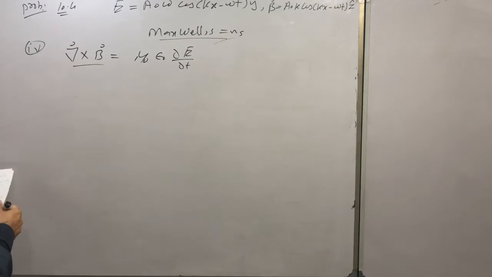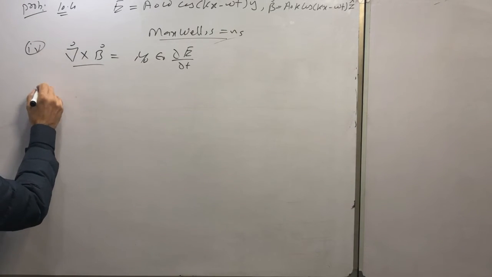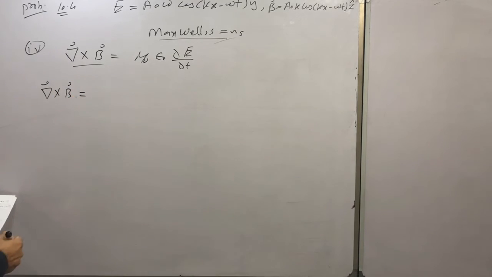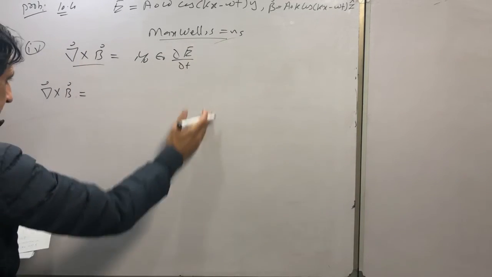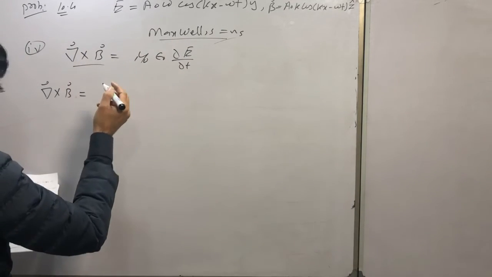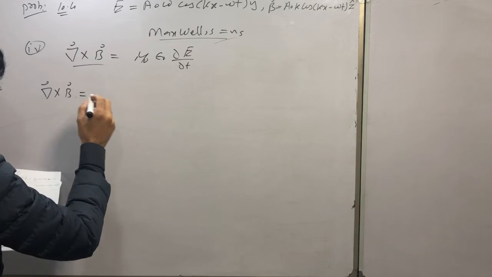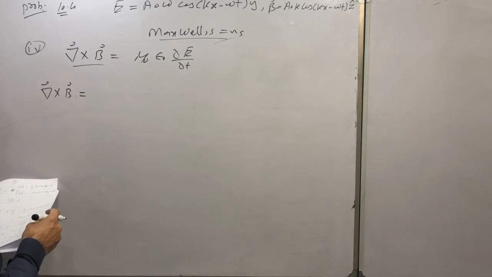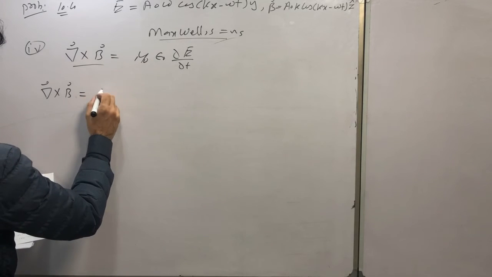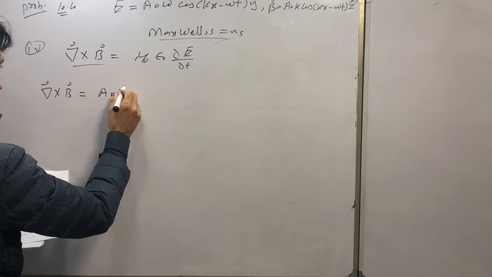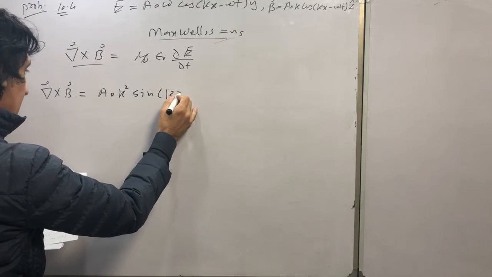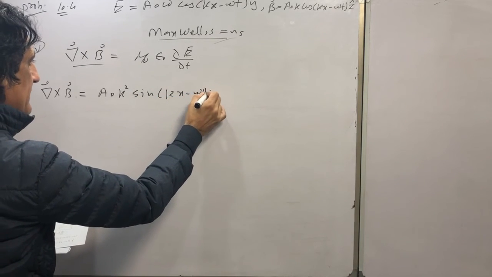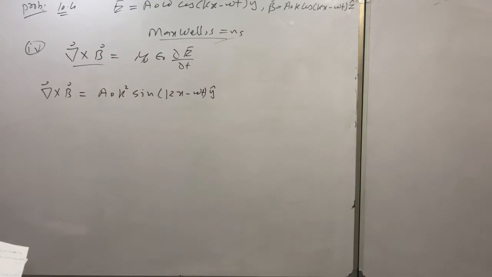First of all, let's consider the del cross B, and from this del cross B, we can easily use the determinant and find out del cross B, and I have the value a naught k square sine of kx minus omega t in the y component.